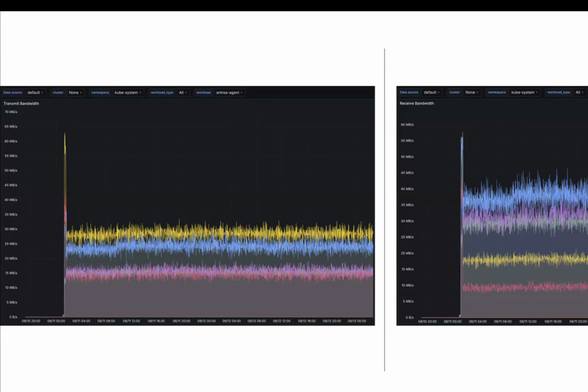Besides, I don't think the Antrea agent and Antrea controller can generate so much traffic, because there should be only management communication. If the cluster is static, there should be very little traffic generated between them. Yeah, but we could check this offline. Sure.